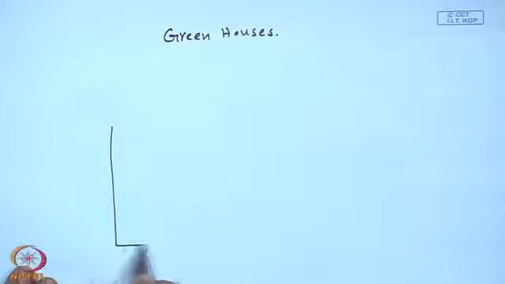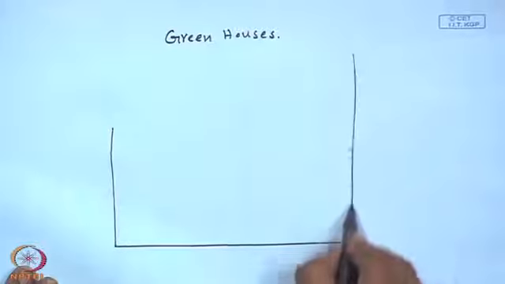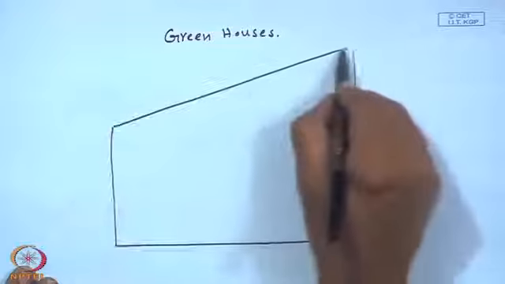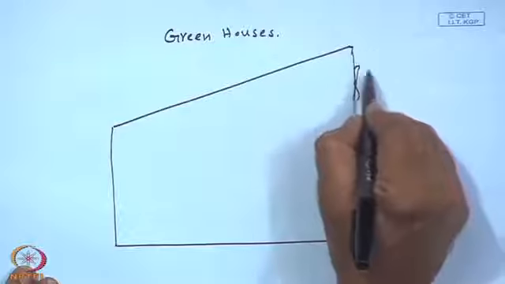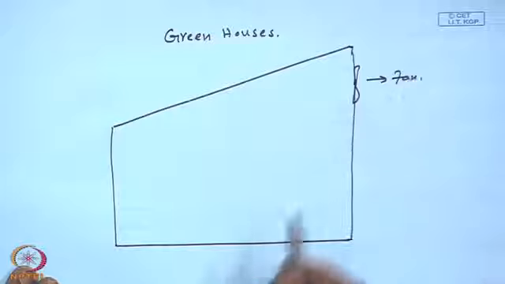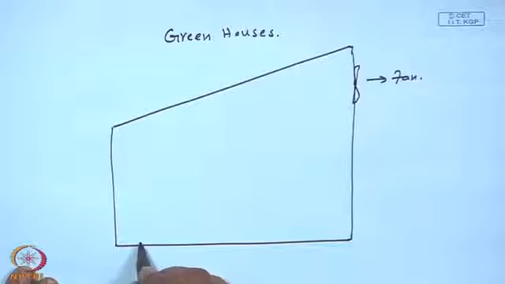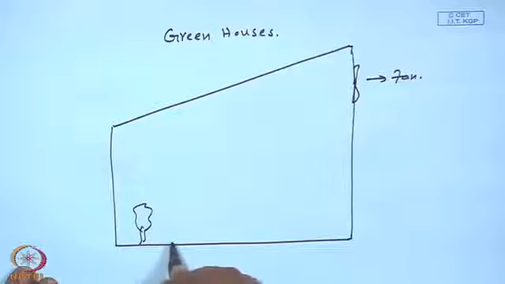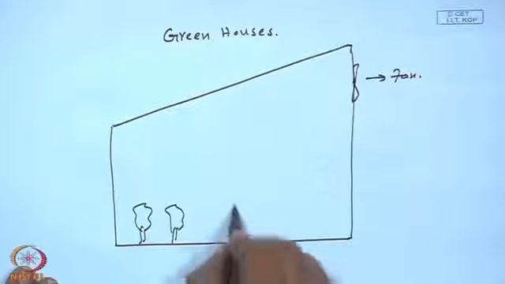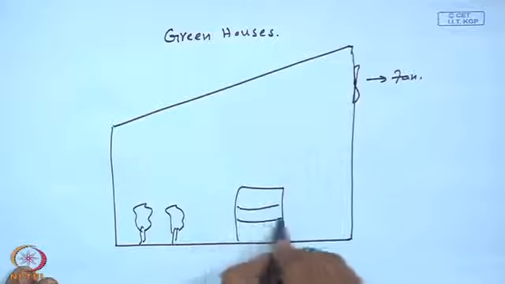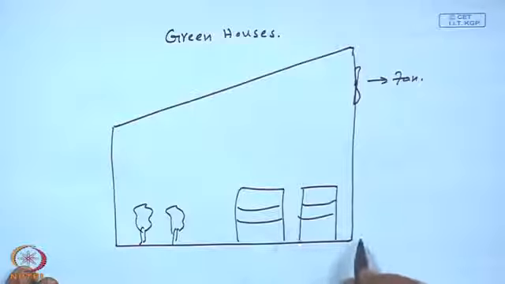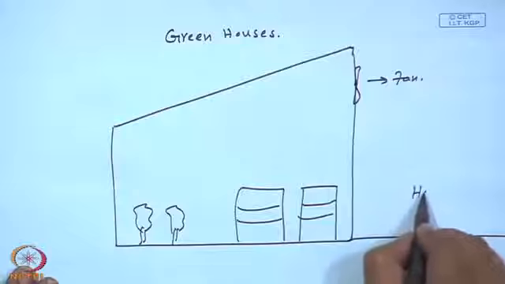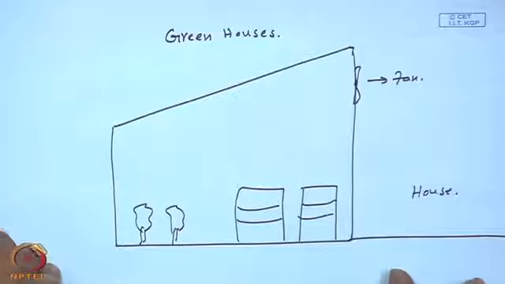A typical arrangement could be something like this, with certain slanted roof, and you may have an exhaust fan over here, and depending upon the purpose you need, you may have plants, and then maybe storage drums of water like this, and the whole thing may be attached to a house. That is what we had earlier in mind.